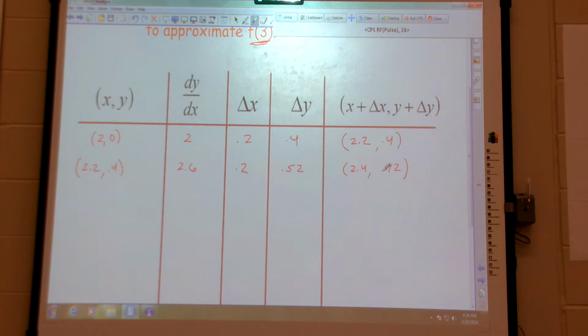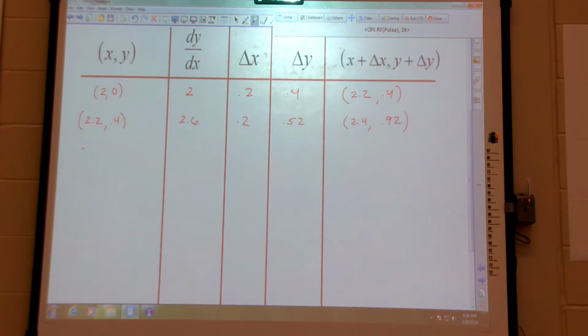Here it gets a little messier, so we're going to start using calculators if we haven't already. So I have 2.4, 0.92 as my new point. What would my slope be? 3.32. Delta x is still 0.2.